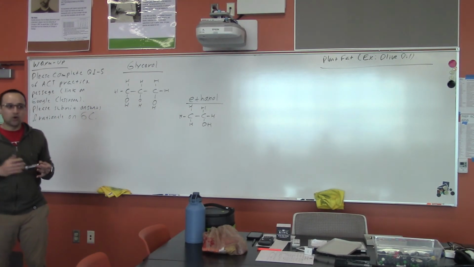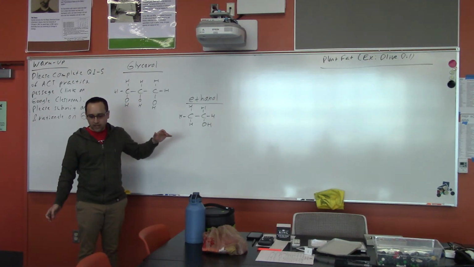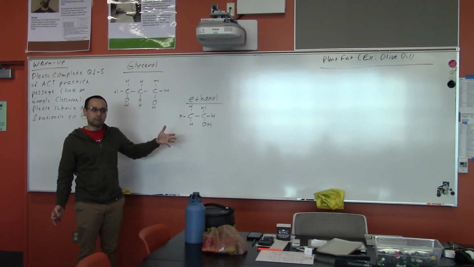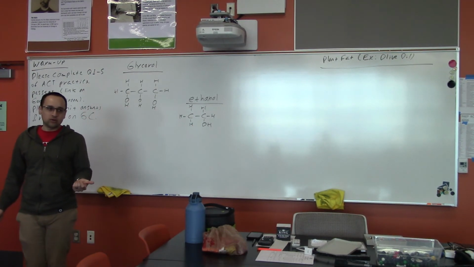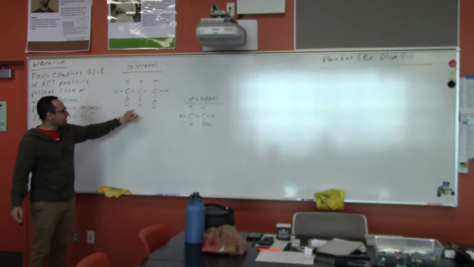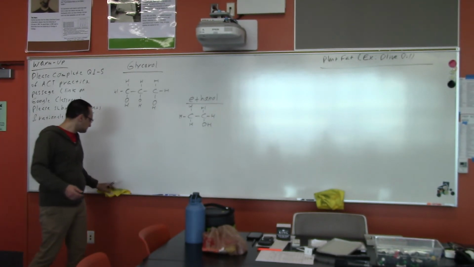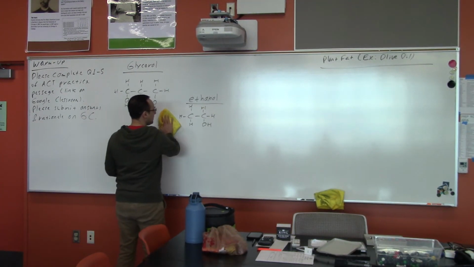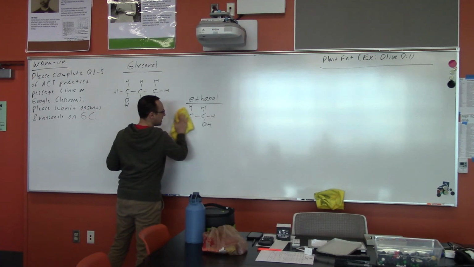And it's that OH group that makes something an alcohol, just like you were seeing in your ACT practice today. There's this one little group here that makes this thing an alcohol. So that's the stuff that people drink. This glycerol has 3 of those alcohol groups on it. That's why we call it glycerol. And may I erase ethanol now? Yes. Okay, so ethanol can go away.